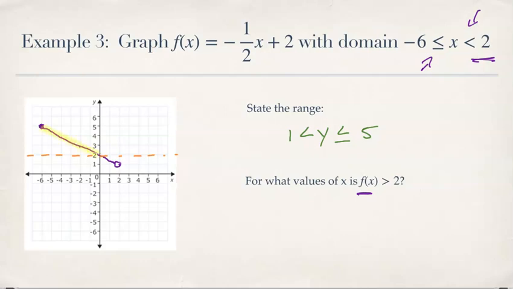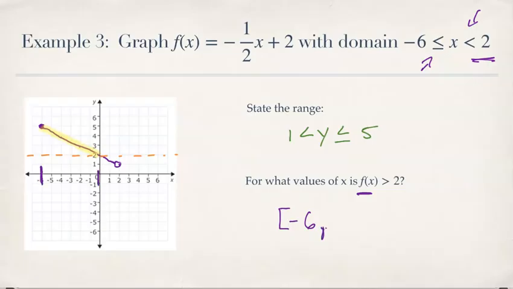Okay? And when I am describing where the function is greater than 2, I'm going to describe it using values of x. So I'm going to say the first x value, the farthest to the left that it's greater than 2, is -6, closed. All right, so it's greater than 2 from here until here.